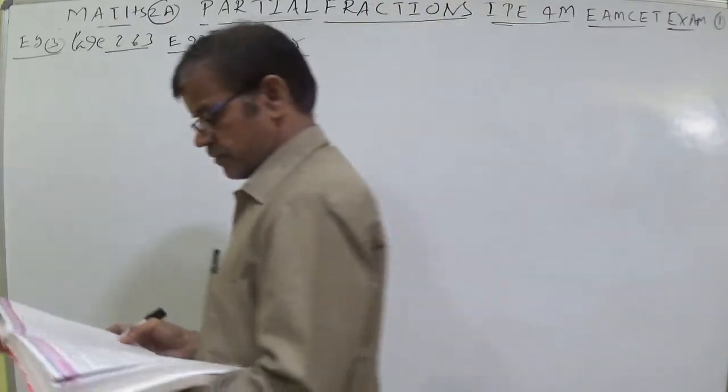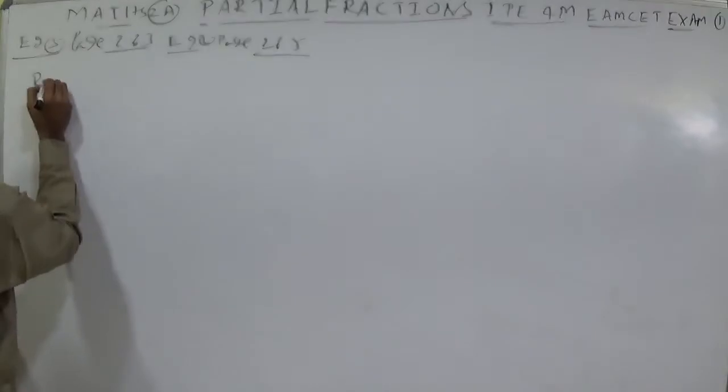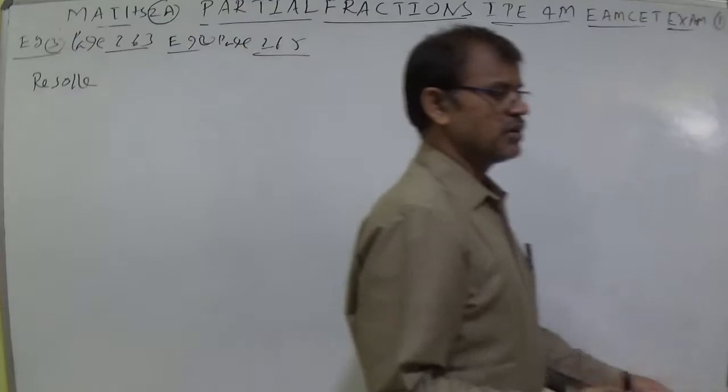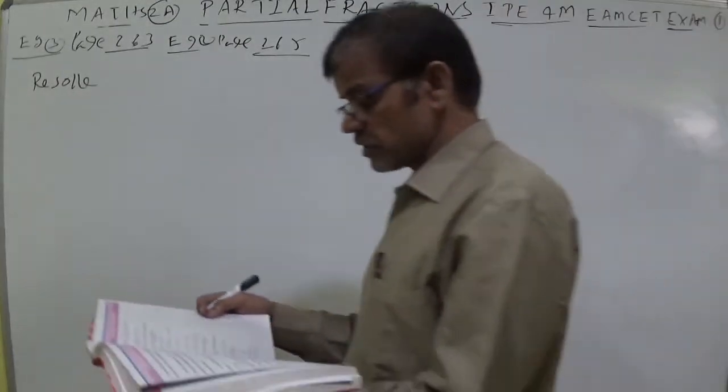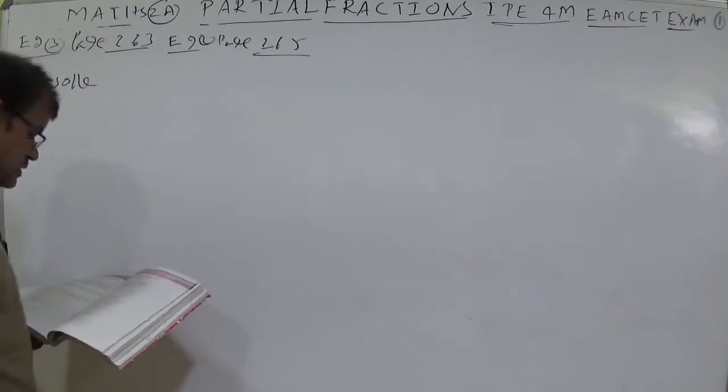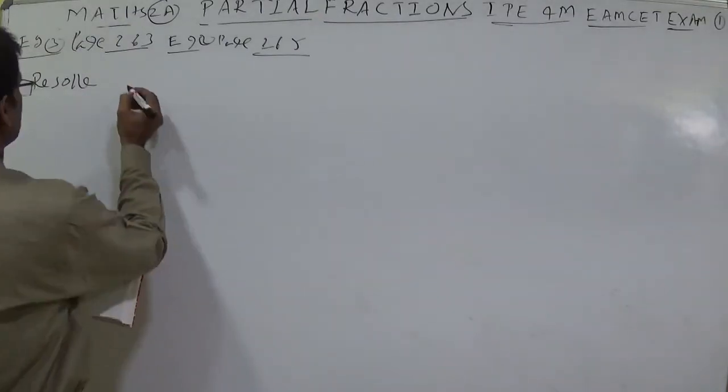From today onwards, every question will be given like this: resolve into partial fractions. So which is possible and which is not possible, we can discuss, depending upon the condition.